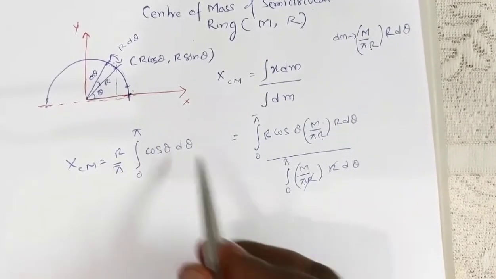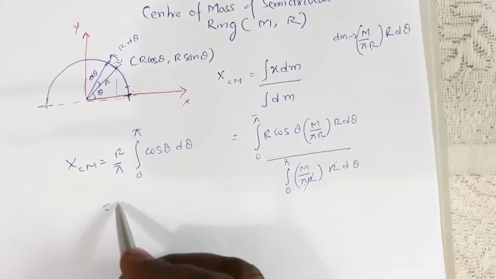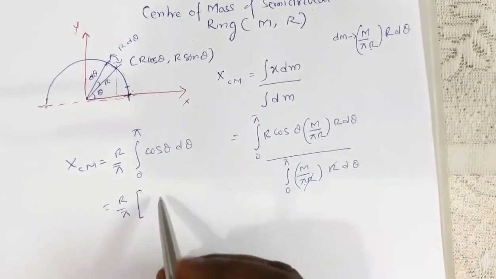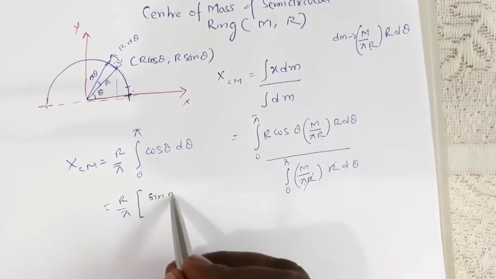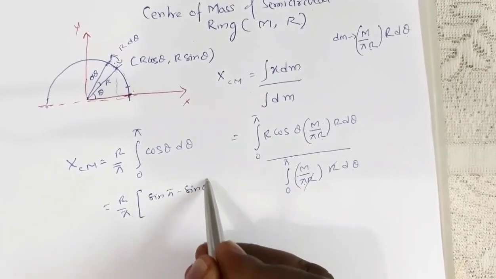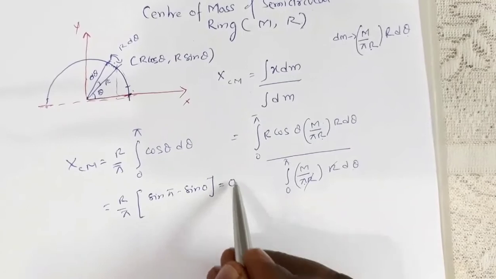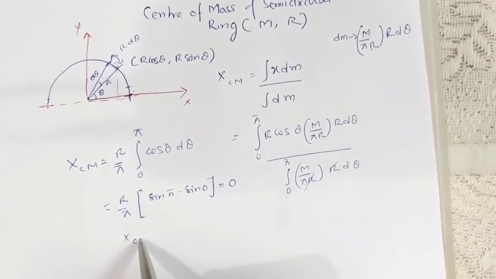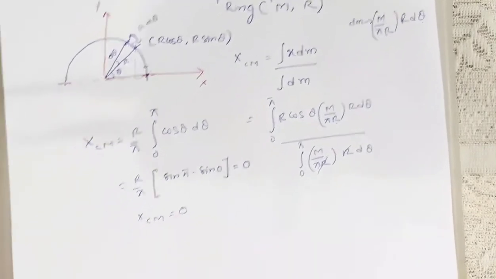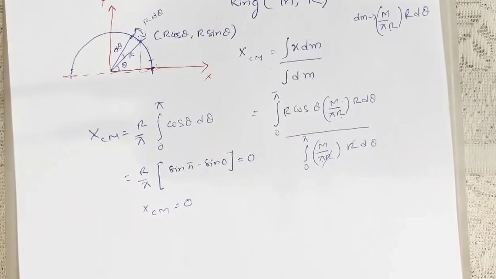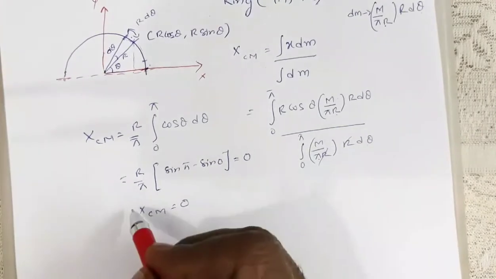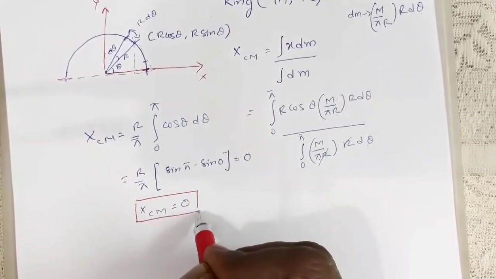Now 0 to pi cos theta d theta is how much? The integral of cos theta is sin theta, so this is sin pi minus sin 0, which is equal to 0. So XCm is equal to 0, that is, the x coordinate of the center of mass is 0. We obtained the x coordinate.